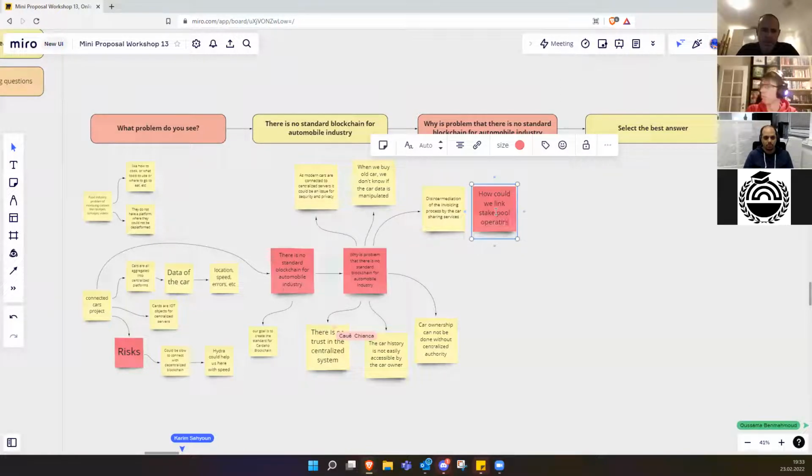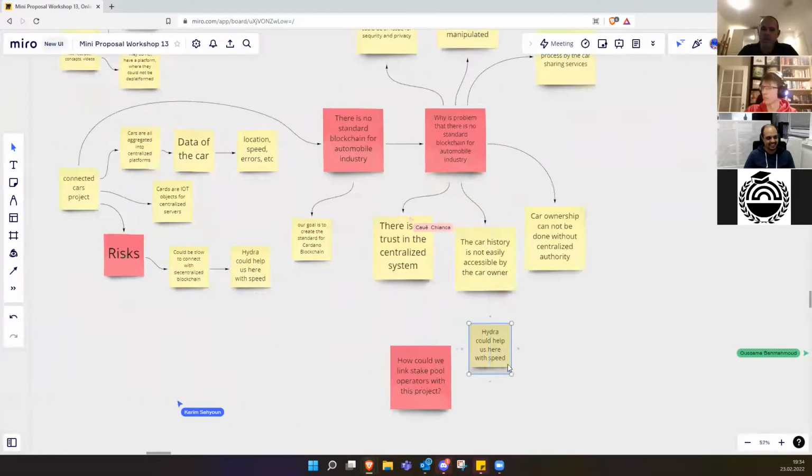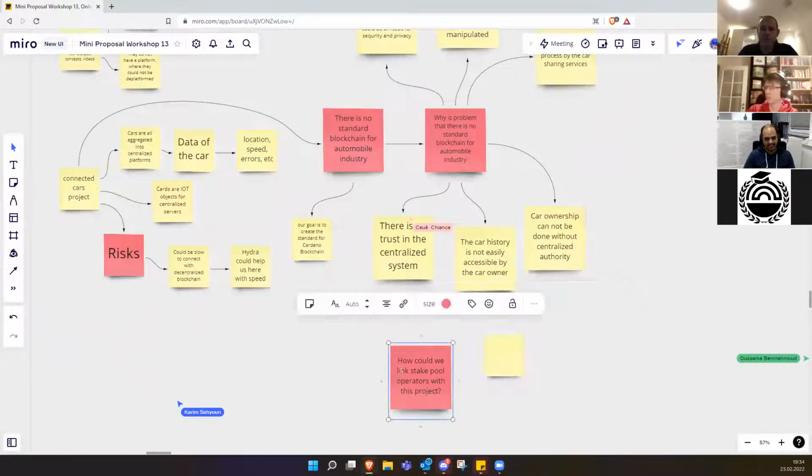Kawe, yes. For me to speak on this, I know stake pool operators here in Dubai, and I am also a stake pool operator. I am operating a staking pool, a new pool. So when you say involve the stake pool operator in the project, what do you mean?